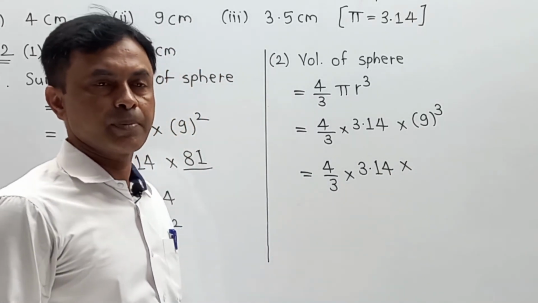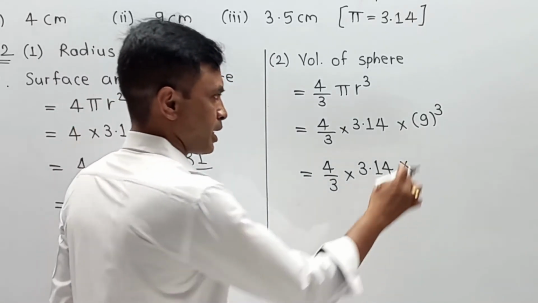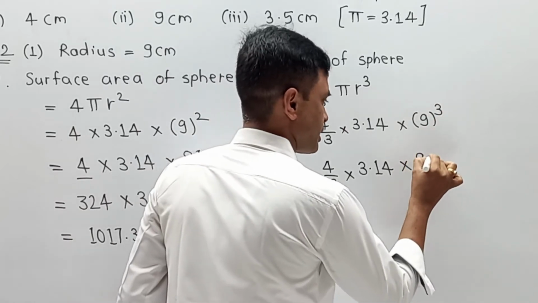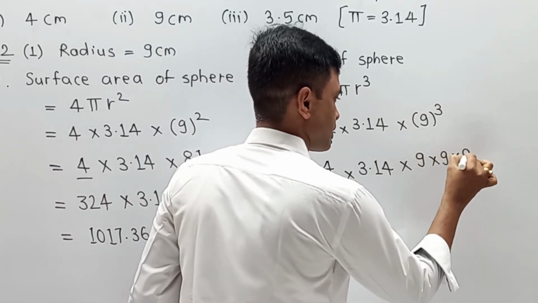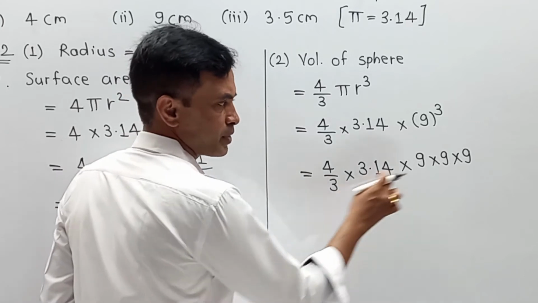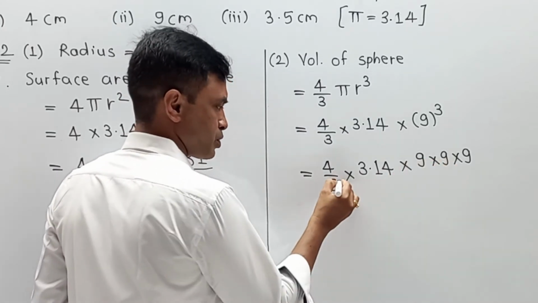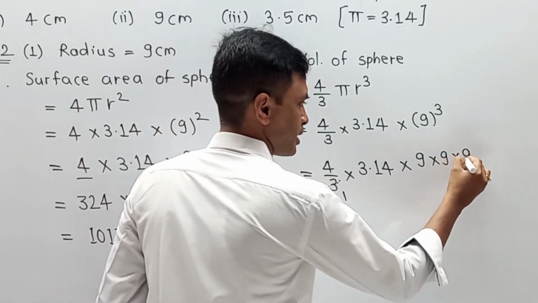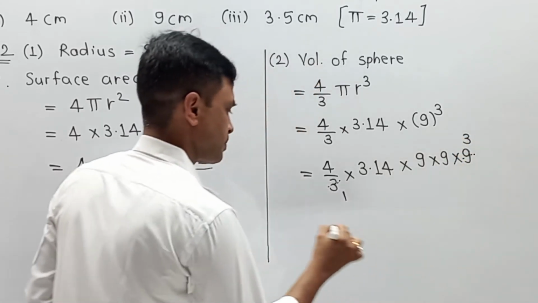Now remember this simple part for simplification. 9 cube, I am writing as 9 into 9 into 9. Why? Because 3 is a number which can easily divide this part. So 3 ones are 3 and 3 3s are 9.